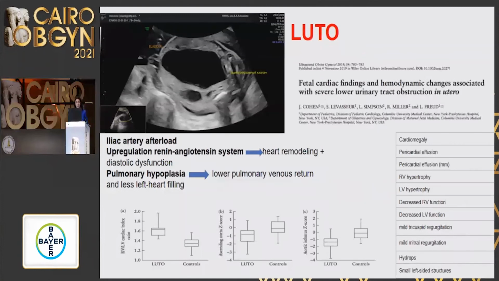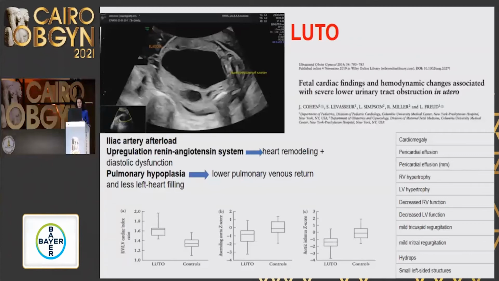Lower urinary tract obstruction is also associated with afterload increase, caused by compression of the iliac arteries and renal dysfunction, which lead to release of vasoactive mediators and, as a result, deterioration of diastolic function and heart remodeling.